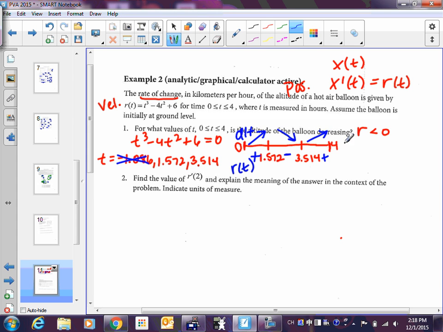So back to the question, what are the values of t where the altitude is decreasing? We would say 1.572 to 3.514.